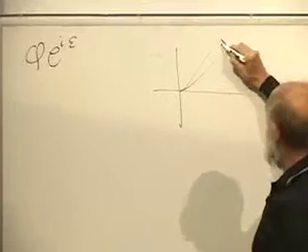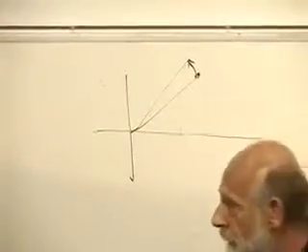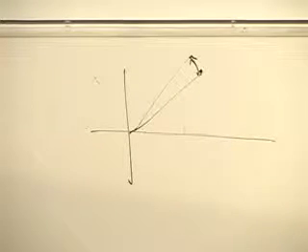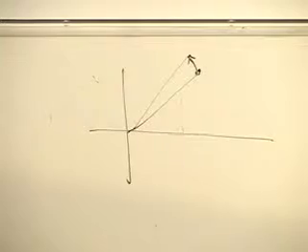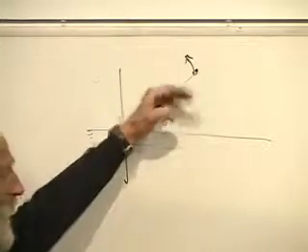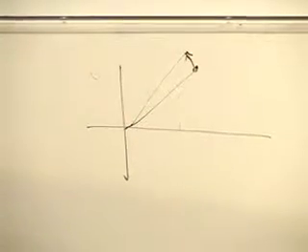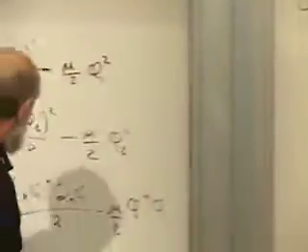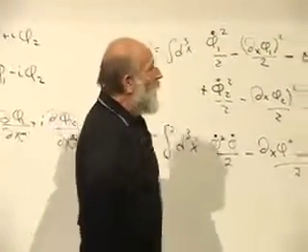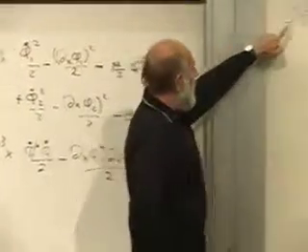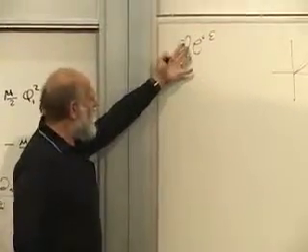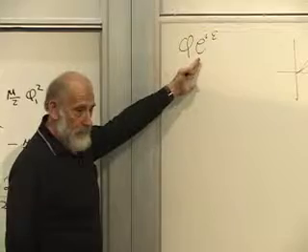It rotates the angle theta a little bit. So it rotates phi in this direction, it rotates phi star in the other direction. This is a particular operation that we can do on phi.